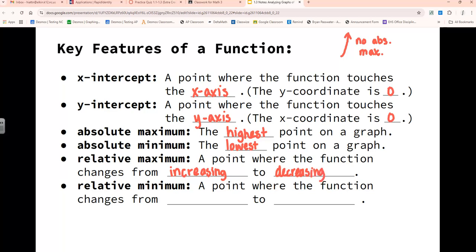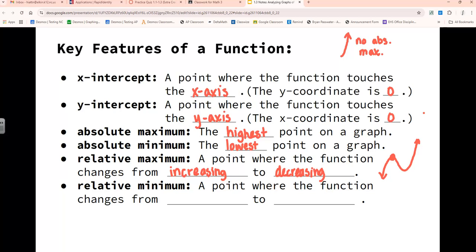Okay, and so for this, it's going to look something like this. This point that I'm highlighting right here, is it the highest point on the graph? It is not, because you got this arrow that goes up, but it is higher than the points around it, right? So it is a relative maximum.